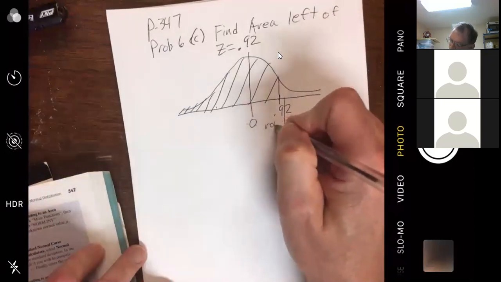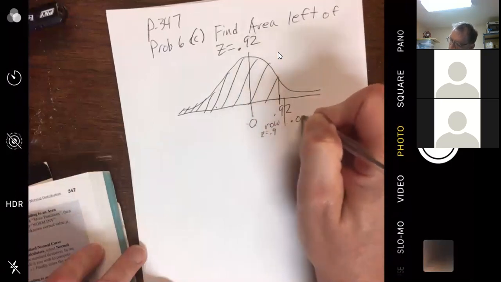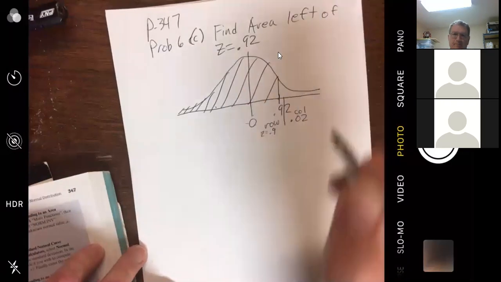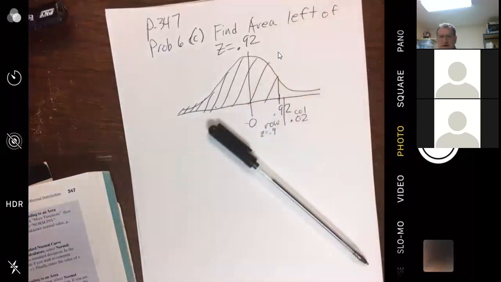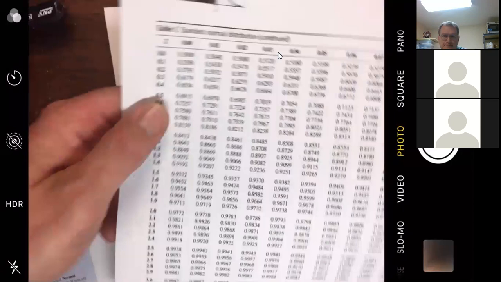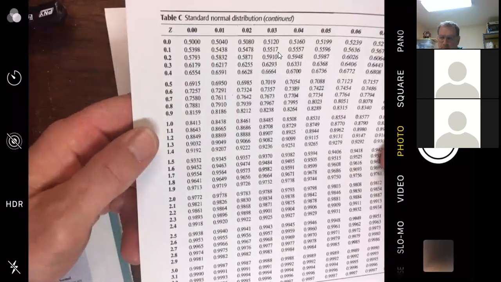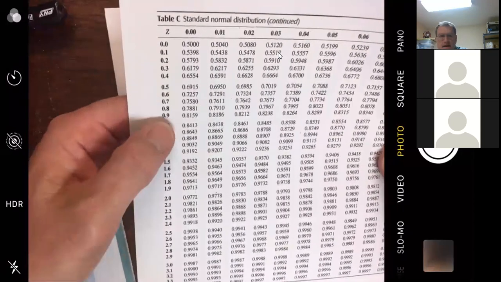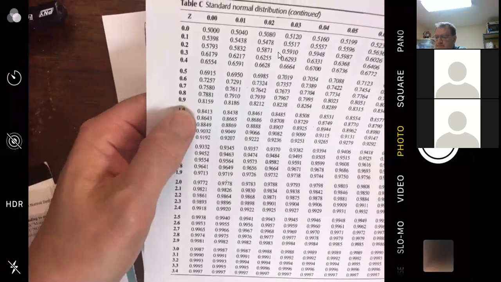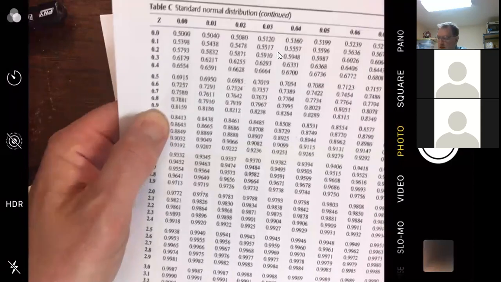Your row will be at z equals 0.9 and 0.02, that's your column. But you see, you're going to be on page 2. You see 0.9? Yes.